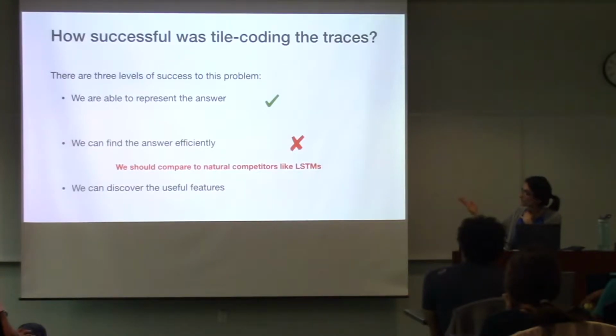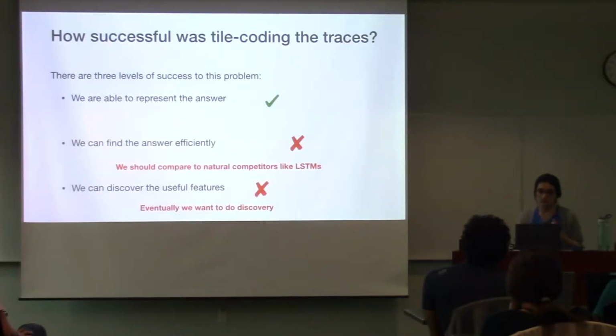To answer that question, we need to compare the algorithm with natural competitors like LSTMs and GRUs. The third level of success is that the agent itself discovers the useful features. For my experiments, I handcrafted the features for the agent, but eventually we want to do the discovery.